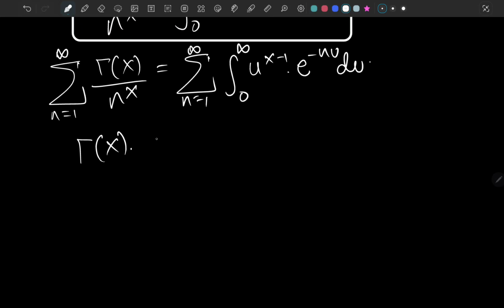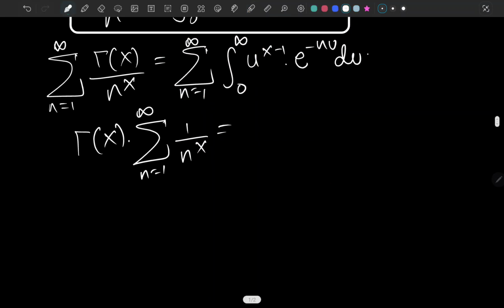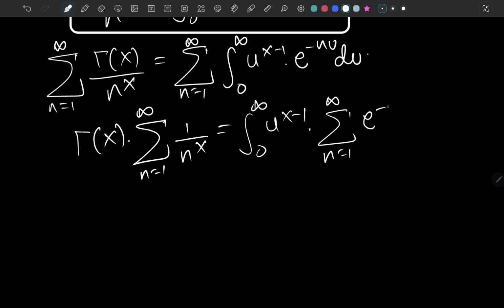So gamma of x times the sum as n goes from 1 to infinity of 1 over n to the x. And here we are using linearity, so we can interchange the integral and the summation sign. So that is going to be the integral from 0 to infinity of u to the x minus 1 times the sum as n goes from 1 to infinity of e to the negative n u du.